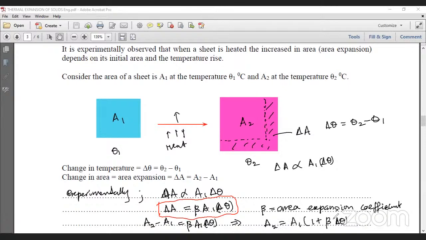A similar shape of equation; only the beta will change. You need to consider the area expansion coefficient of the given material, not the alpha.